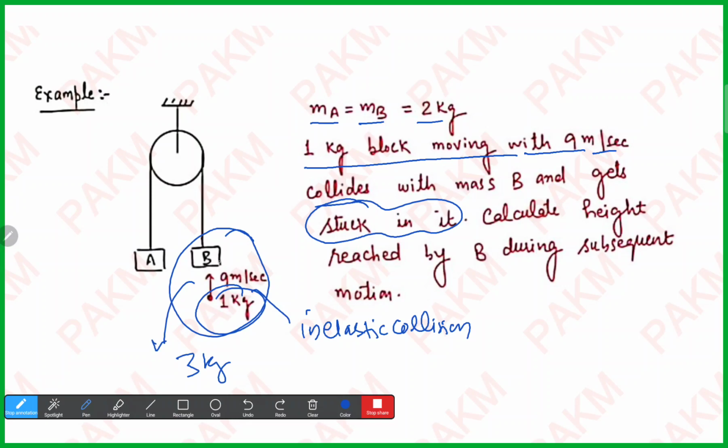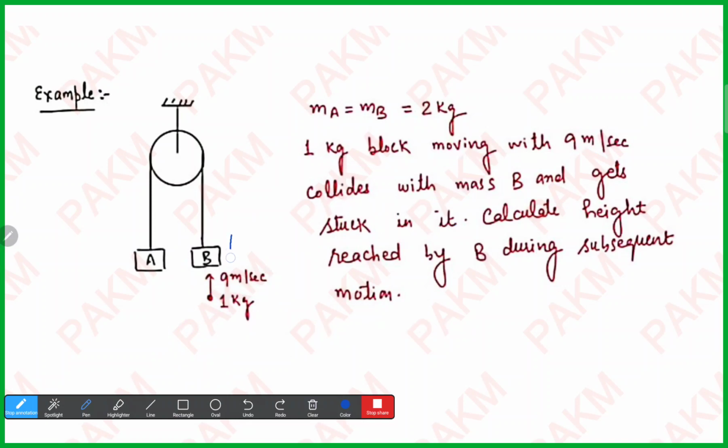Now here we can say once the 3 kg block and B get stuck with each other, they will start moving in the upward direction. Once they are moving upward, there is some free fall motion going to take place. Let's say they together move a distance h.